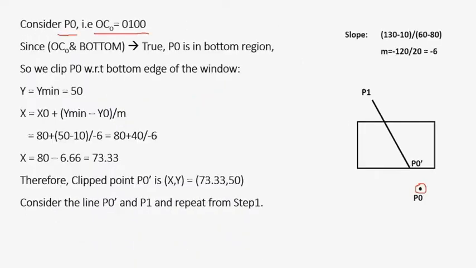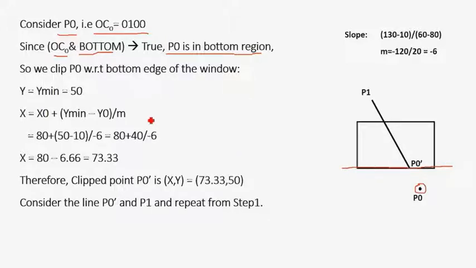Algorithmically, I should see the left, top and right outcodes also to figure out in which region it is. Since the AND operation gives true for bottom, P naught is in the bottom region. So I have to clip the point P naught with respect to the bottom edge.